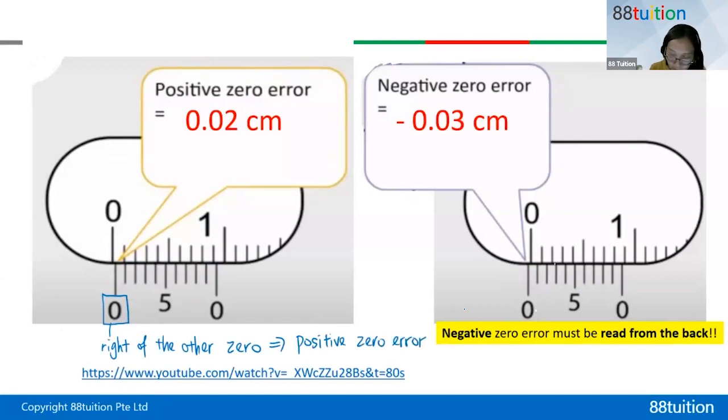Okay, then when you have this 0 on the left, left of the other 0, then it means that it is a negative 0 error.